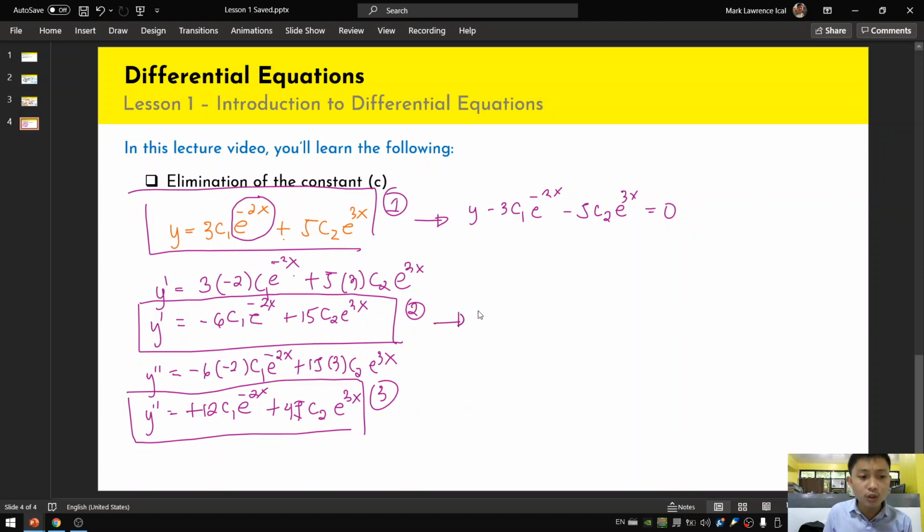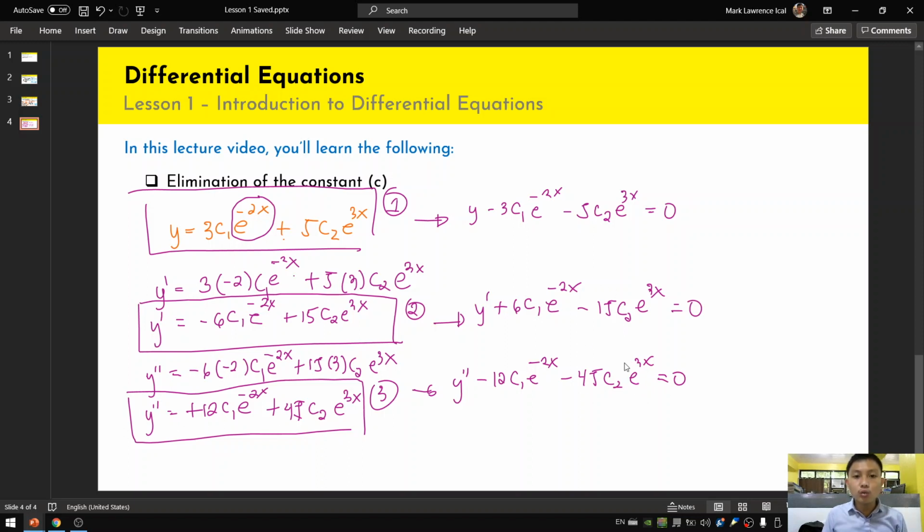Write this also, y prime plus 6 c1 e raised to negative 2x minus 15 c2 e raised to 3x is equal to 0. And the last one, y double prime plus negative 12 c1 e raised to negative 2x minus 45 c2 e raised to 3x is equal to 0.